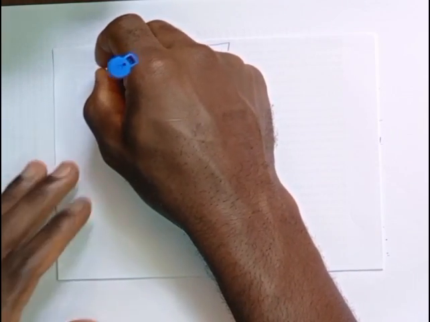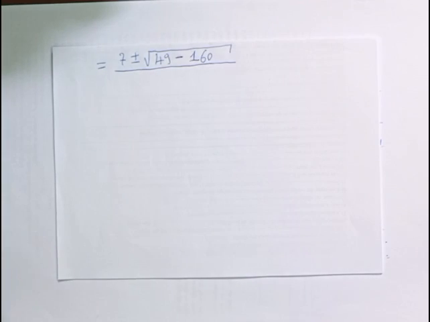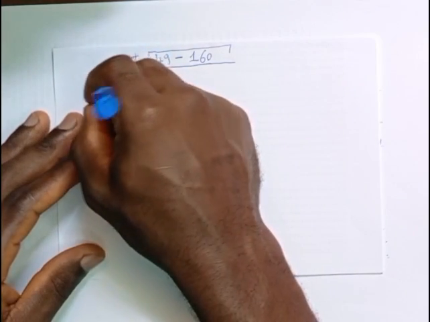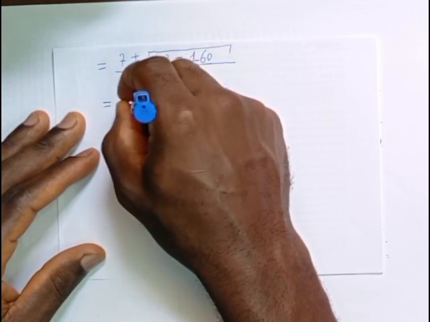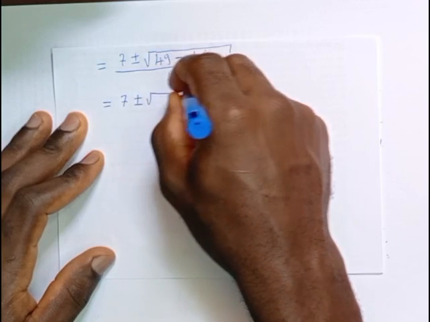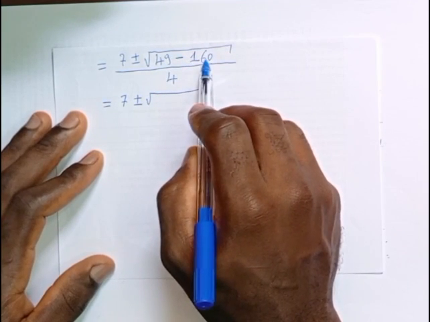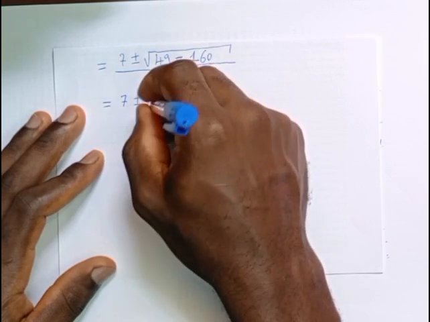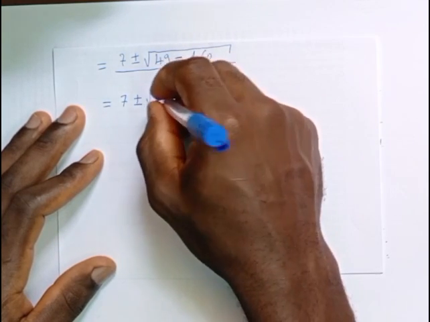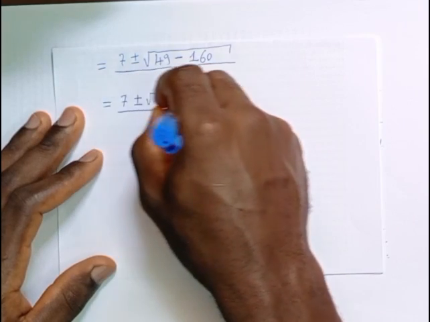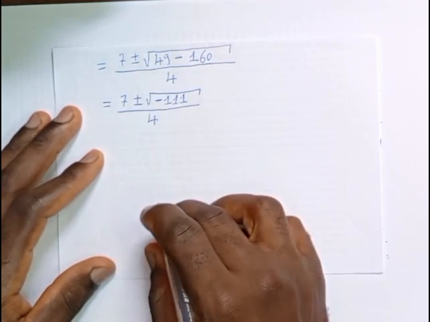We have to divide this by 2 times 2, which gives us 4. This will simply be equal to 7 plus or minus the square root of 49 minus 160. It gives us negative 111, all over 4.